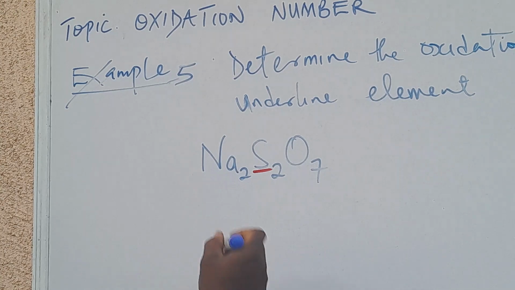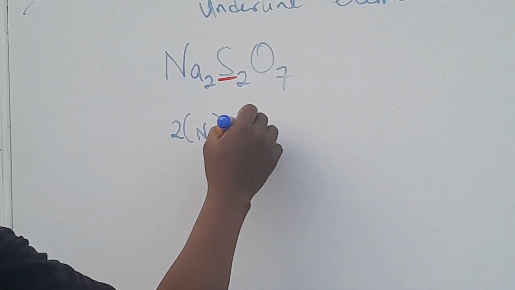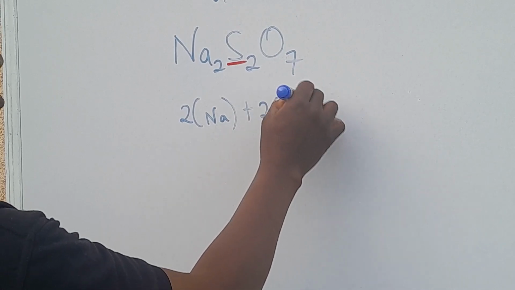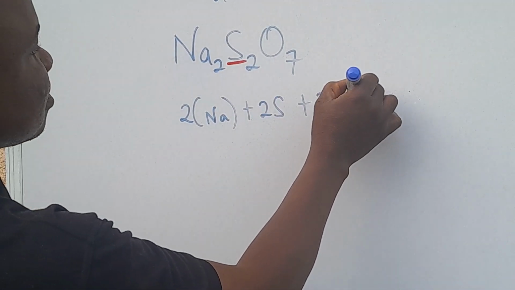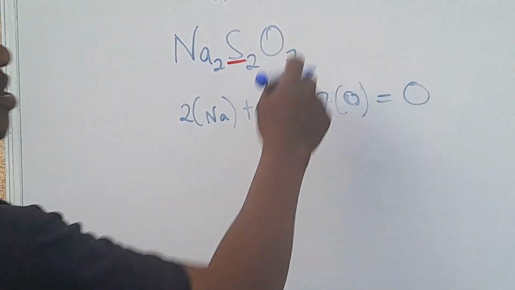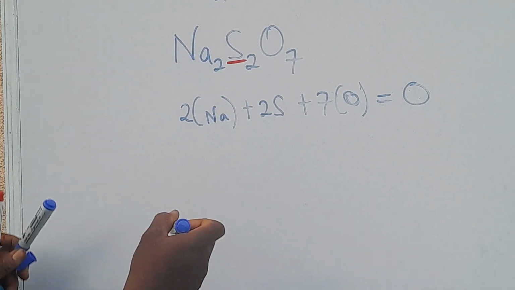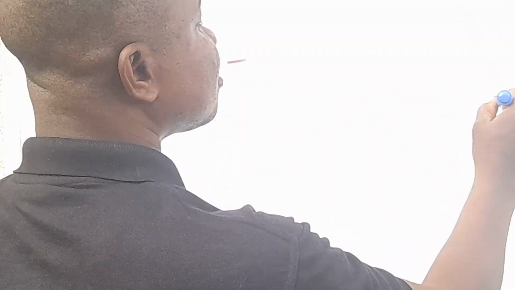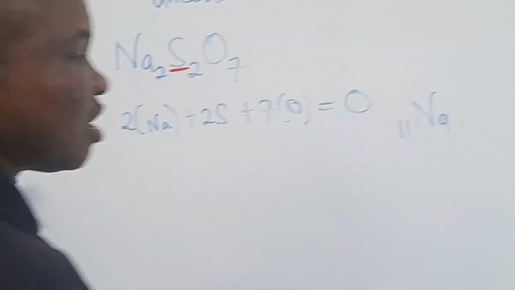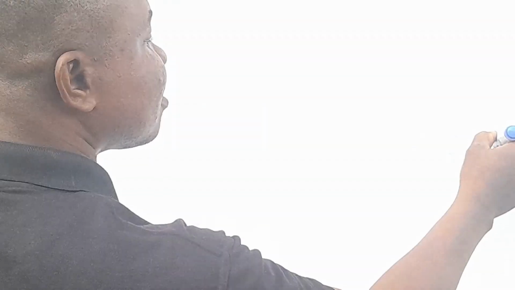So, of course, you have 2 Na, right? Plus 2S plus 7 oxygen equals 0. The rule says so. It's a neutral compound. There's no ion in it. So now how do we remember the oxidation state of sodium? Sodium is 11 on the periodic table. That's 2, 8, 1.